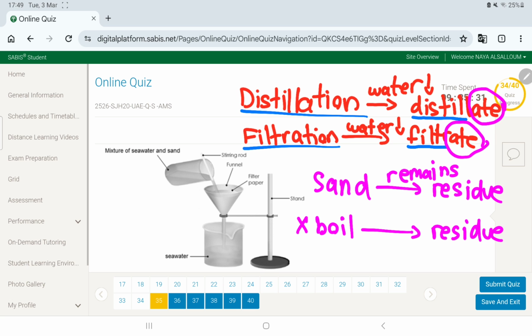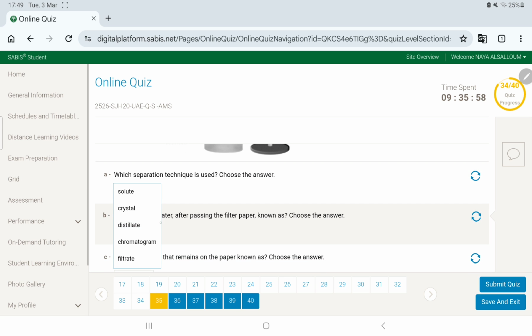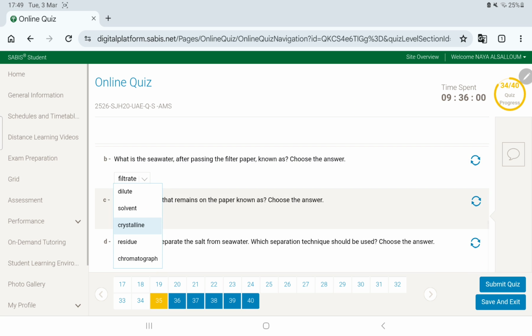So think about it as fractional distillation plus simple distillation, they formed filtration. Why? Because the sand has the same name as the substance that doesn't boil, and filtration, you pronounce it in a similar way, ends in ATE and gets its name from the separation technique. You can use this way if you want to. If not, it's fine. You can just memorize their names. So the seawater is the filtrate and the sand that remains is the residue.